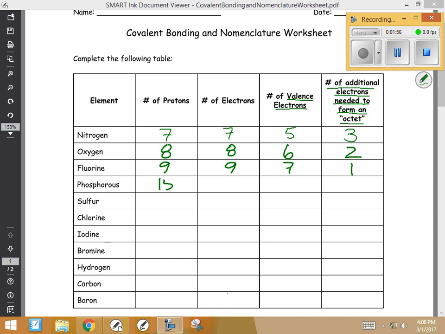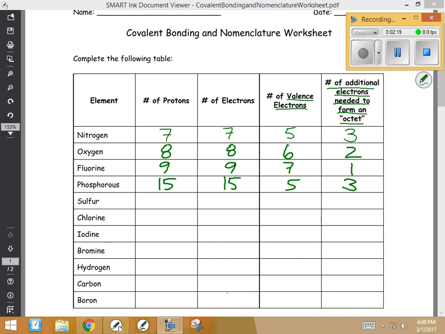Phosphorus, element number 15. Just like nitrogen, it has 5 valence electrons. It's in group 15. I'm sorry. Yeah, it's in group 15. And so you need to add 3 electrons to form an octet.